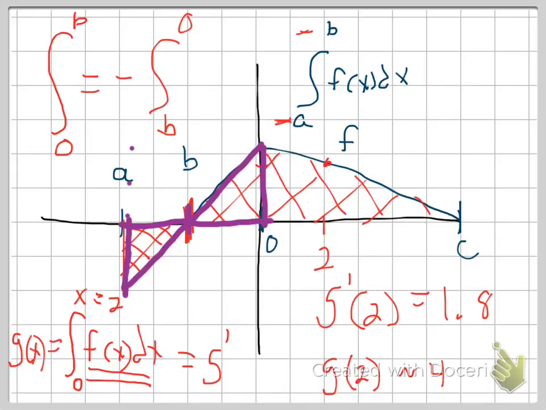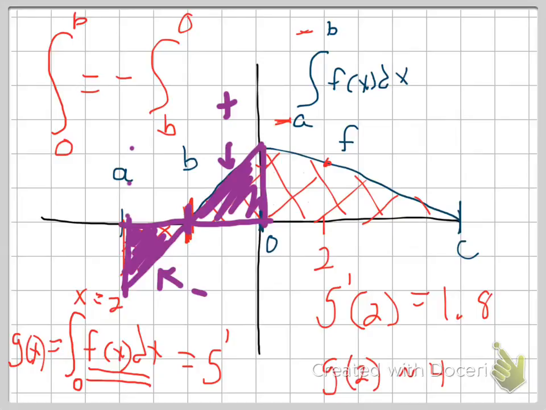And this hits in between here, so this triangle and this triangle would have the same area. However, this would have a negative area and that would have a positive area. So if we integrated from a to 0, or 0 to a even, that would be 0 because the positive and the negative would cancel each other out.